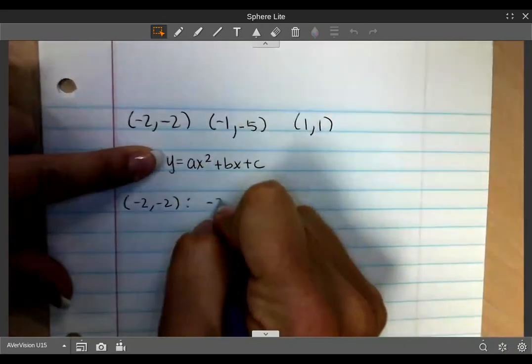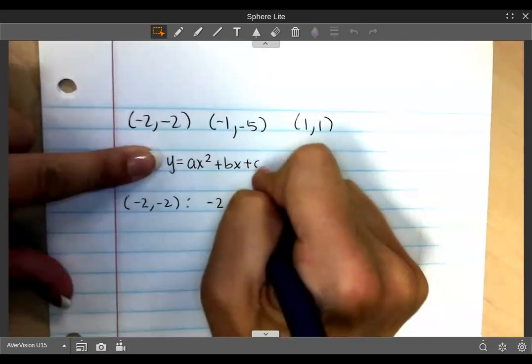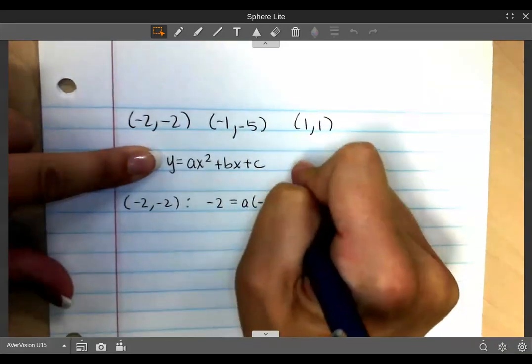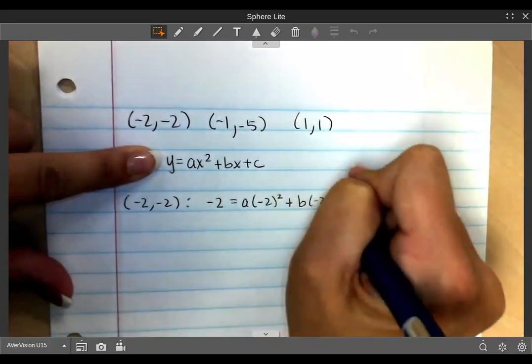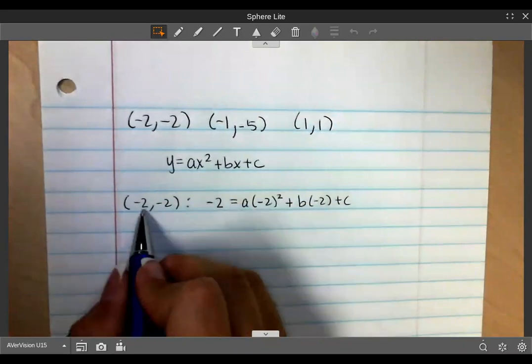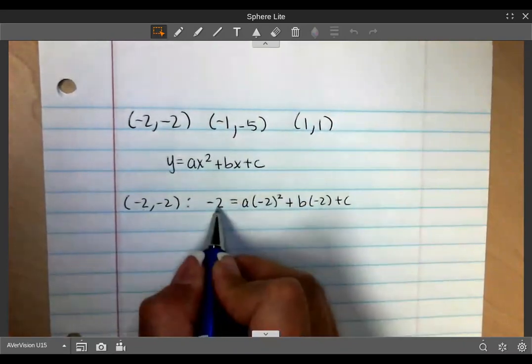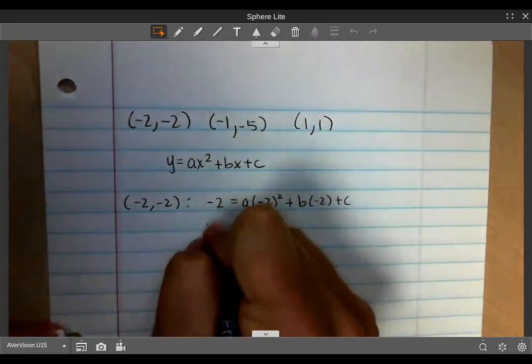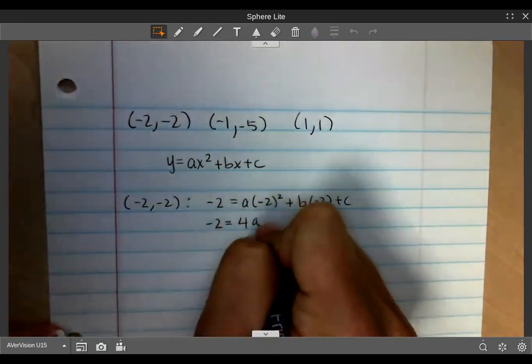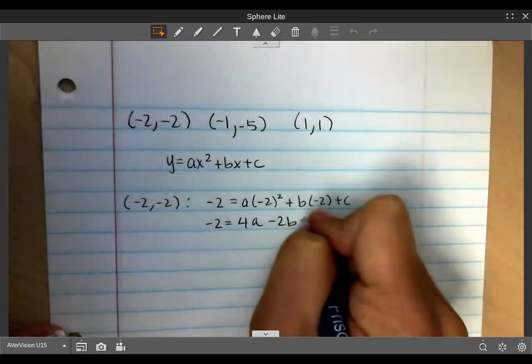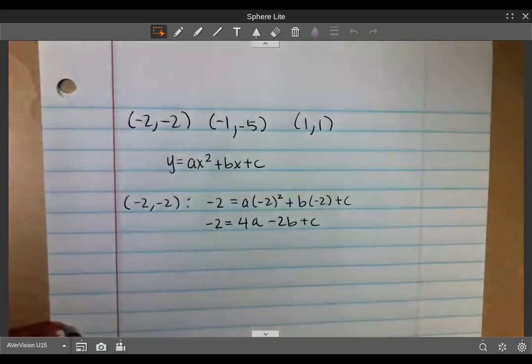I plug in the -2 for the y and the -2 for the x. And so I've plugged in this x value right there for the x's, and I've plugged in this -2 for the y. Then I can simplify, and there is my first 3-variable equation.